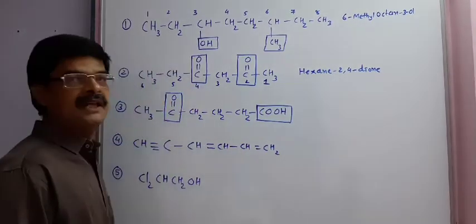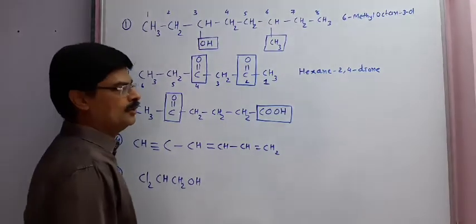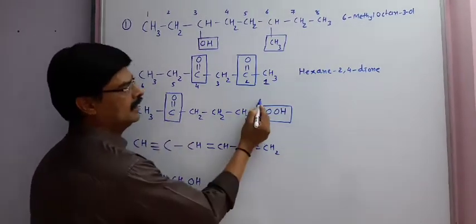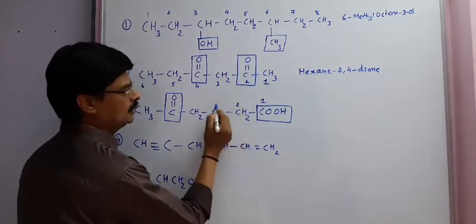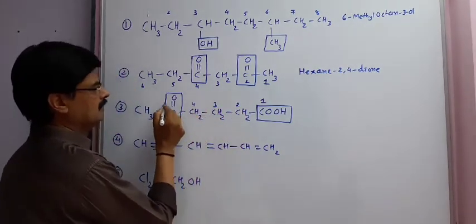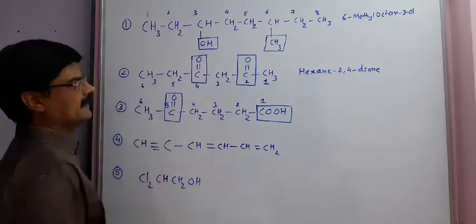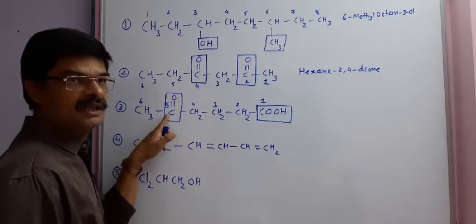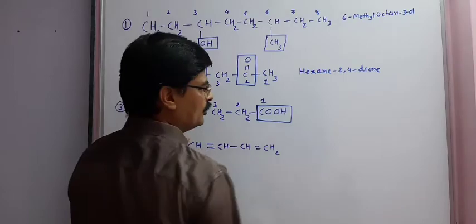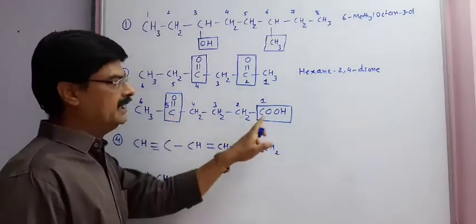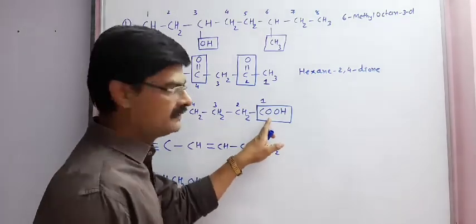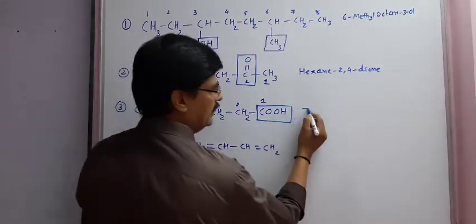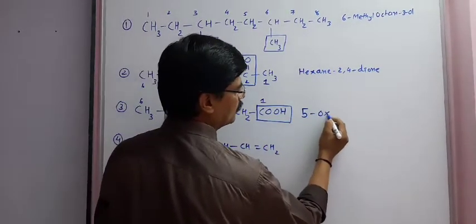But because of reactivity of COOH group more than ketone group, number starts from right hand side 1, 2, 3, 4, 5 and 6. Now on fifth number carbon we have ketone group. So whenever ketone and carboxylic acid both functional groups are present simultaneously, then it is written oxo for ketone.